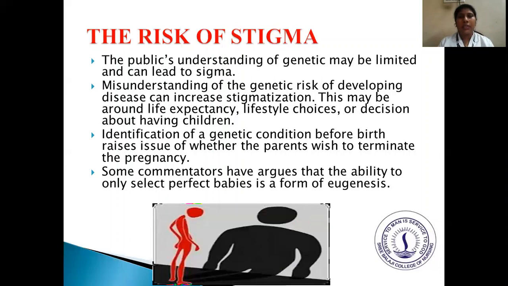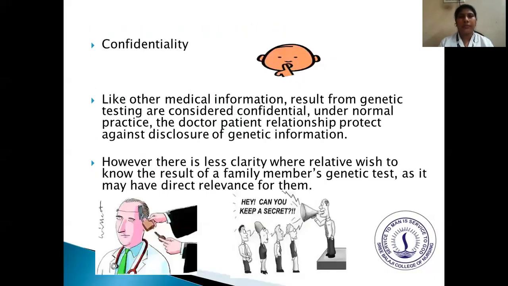Identification of a genetic condition before birth raises the issue of whether the parents wish to terminate the pregnancy. Some commentators have argued that the ability to only select perfect babies is a form of eugenics. These are all the risks of stigma.